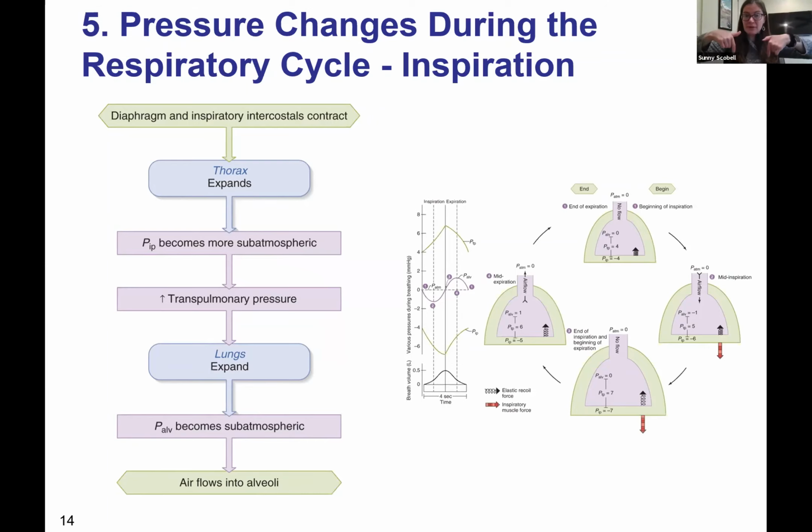Because the pressure goes down in the intrapleural space, the lung then expands. Because the lung expands in that container, that pressure goes down. Because that pressure goes down and becomes subatmospheric, so it gets lower than atmospheric pressure, which is 1, then air will flow from outside to inside the body.